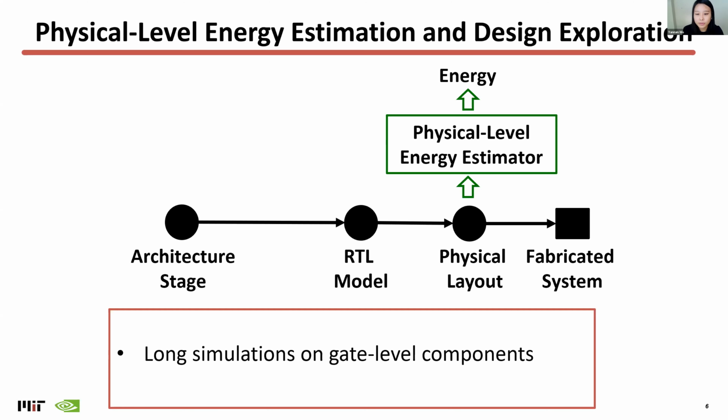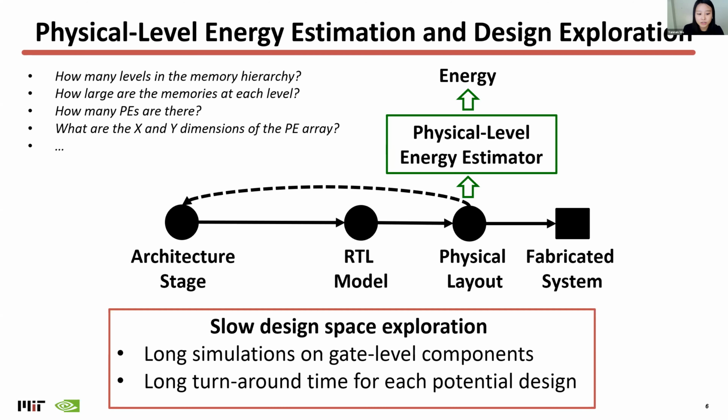Furthermore, if our potential design did not meet our requirement, we have to go back to the architecture stage and redefine our architectural blueprint. To do that, as you can see in the figure, we have a very long turnaround time for the evaluation of each potential design. Both the long simulation time and long turnaround time contribute to a very slow design space exploration with these physical level energy estimators.